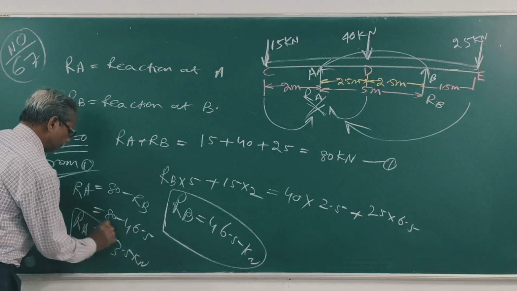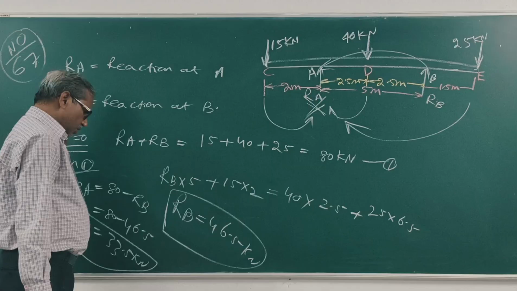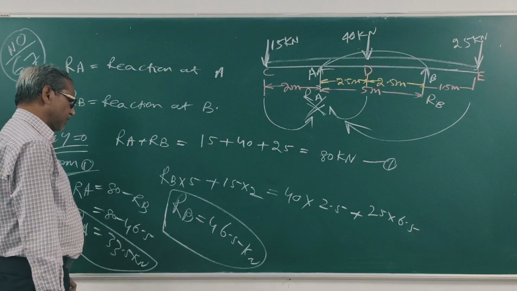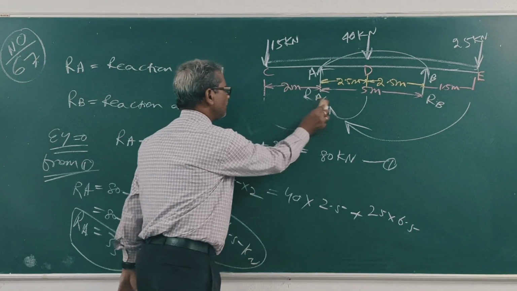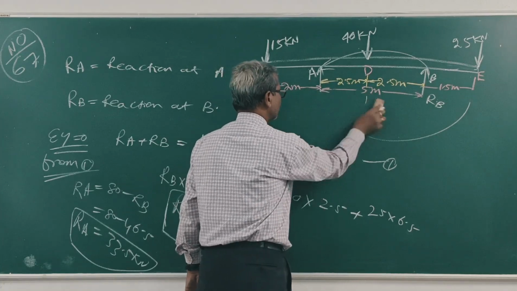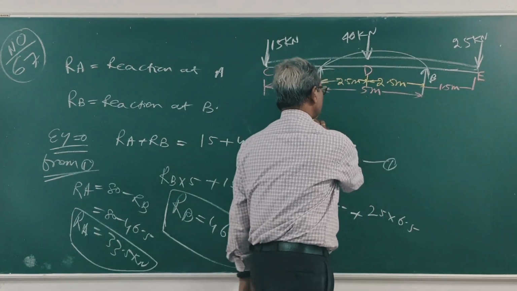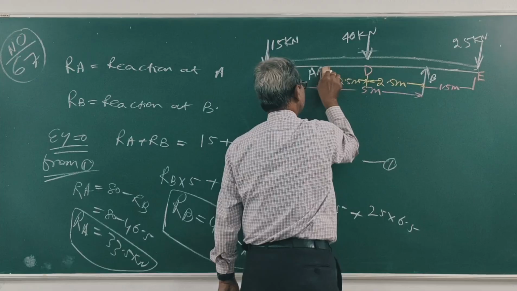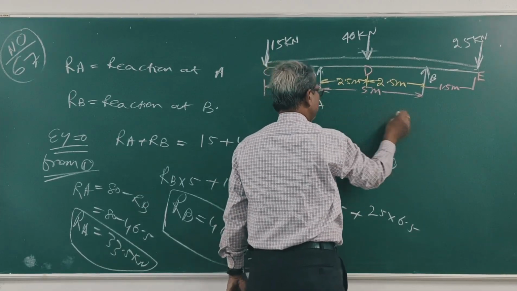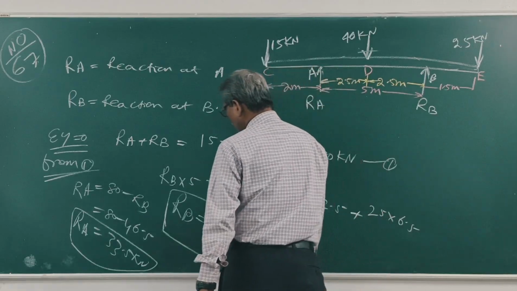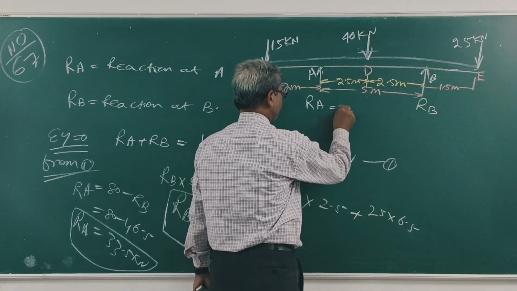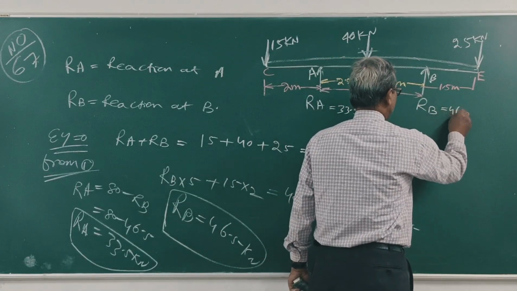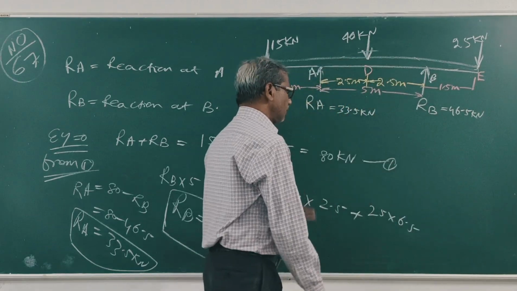Clear? RA is equal to 33.5 kilonewton, and RB is equal to 46.5 kilonewton. Right?